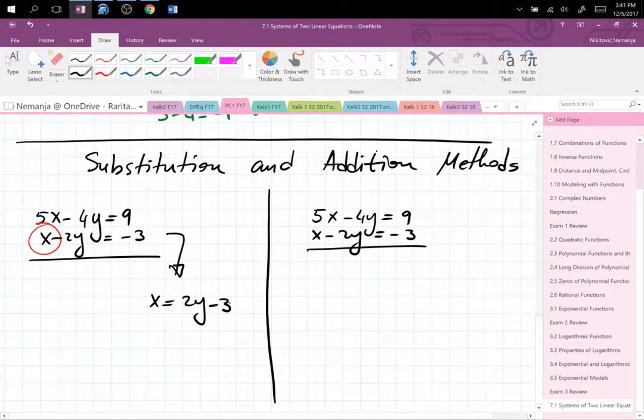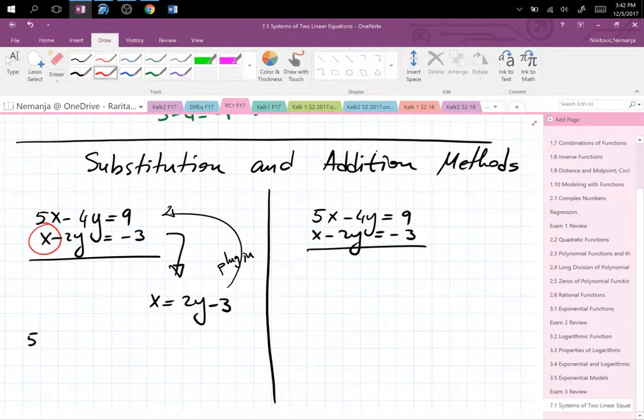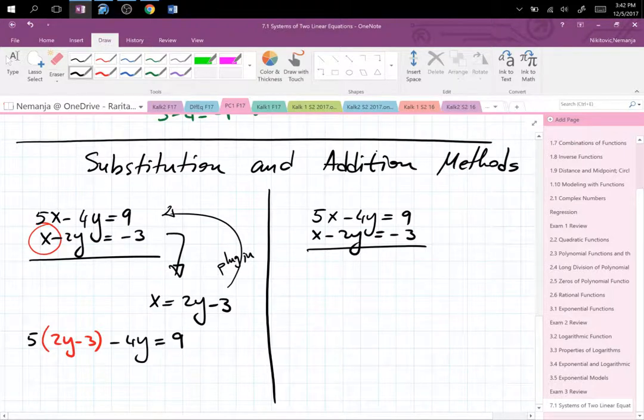You move 2y to the other side. And now you plug into the other equation. So you're replacing x. This is 5 times, and instead of x you have this 2y minus 3 business. And then you have minus 4y equal to 9.